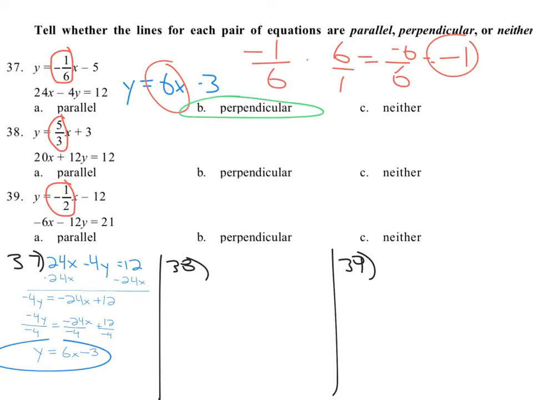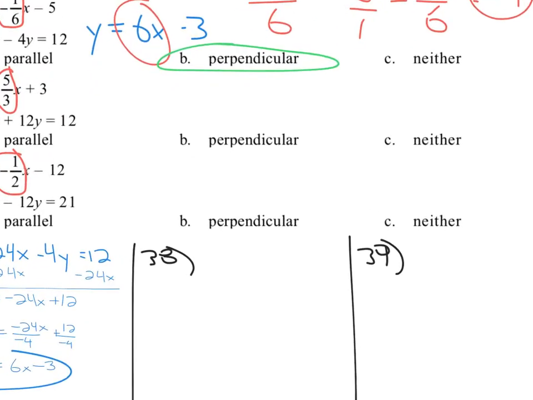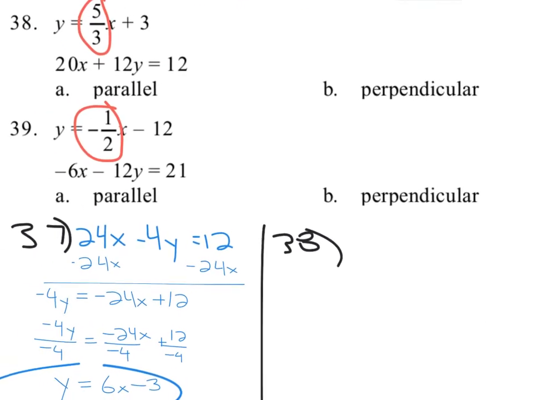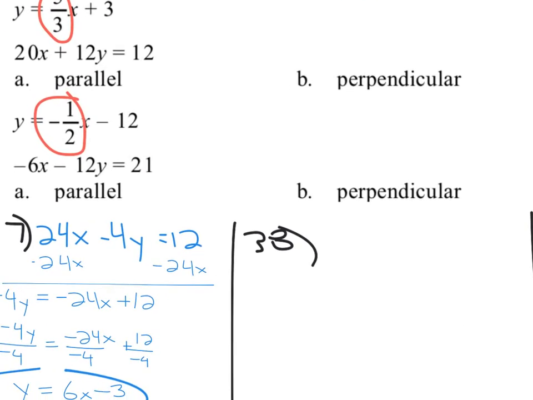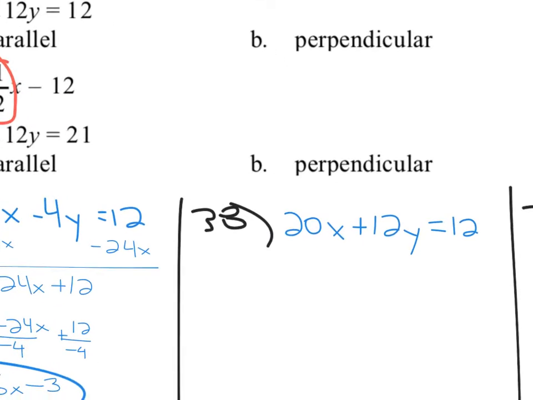Okay? 38. I'm going to zoom in and I'm going to copy the equation for 38 that is not already in the proper form. Let's use blue again, why not? And when I zoom in for 38, we've got 20x plus 12y equals 12.